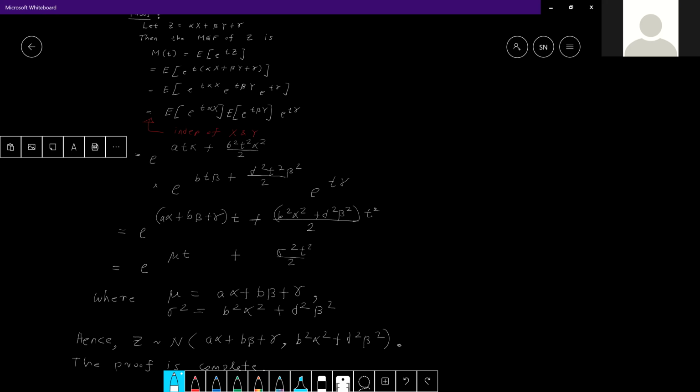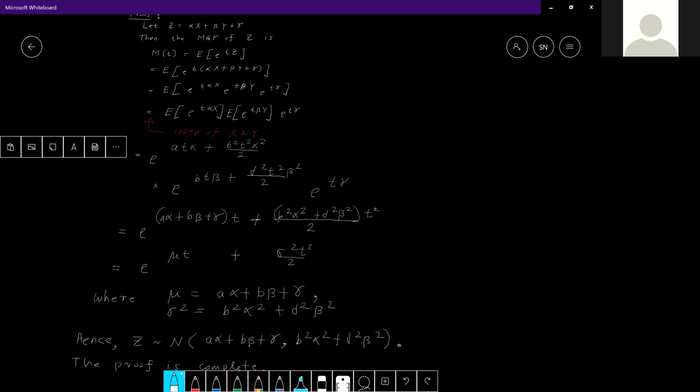Now, simplifying, you get something of this form, which is precisely the MGF of a normal variable with mu equal to A alpha plus B beta plus gamma, and sigma squared equal to b squared alpha squared plus d squared beta squared.